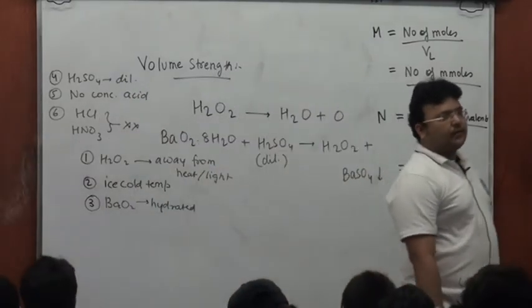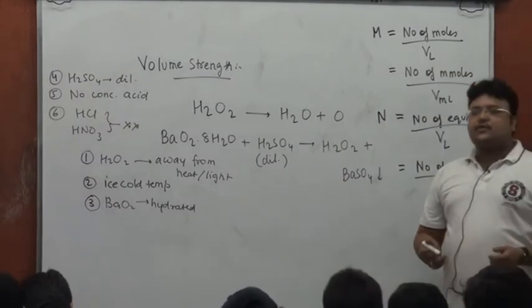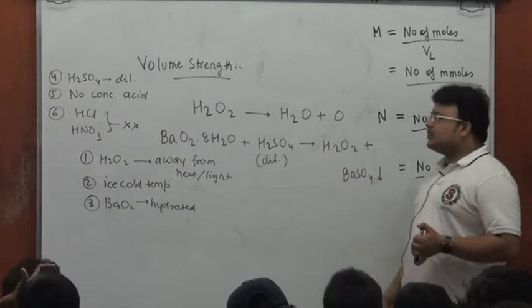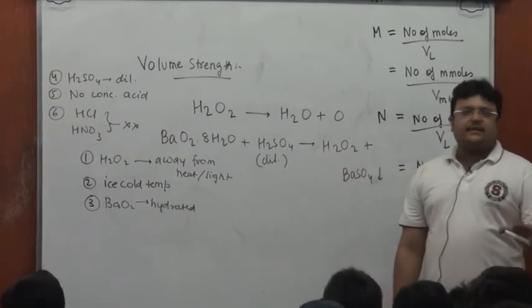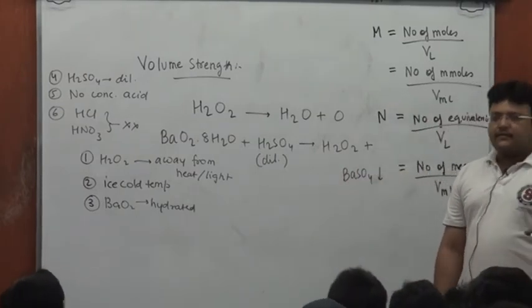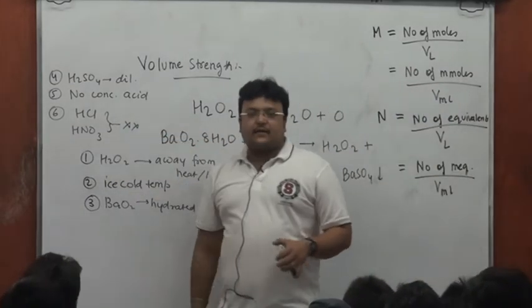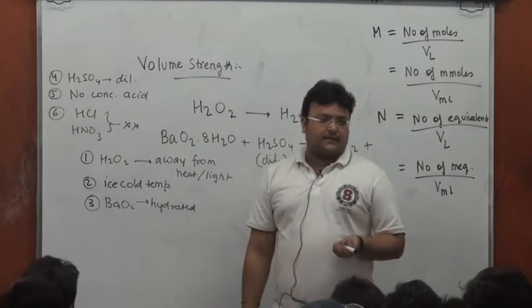To recap: barium peroxide taken is always hydrated. You will want to store H2O2 away from heat or light. Low temperature is maintained while H2O2 is being prepared. Concentrated acids are never taken, and dilute sulfuric acid is taken. HCl and nitric acid even in the dilute form are not taken.